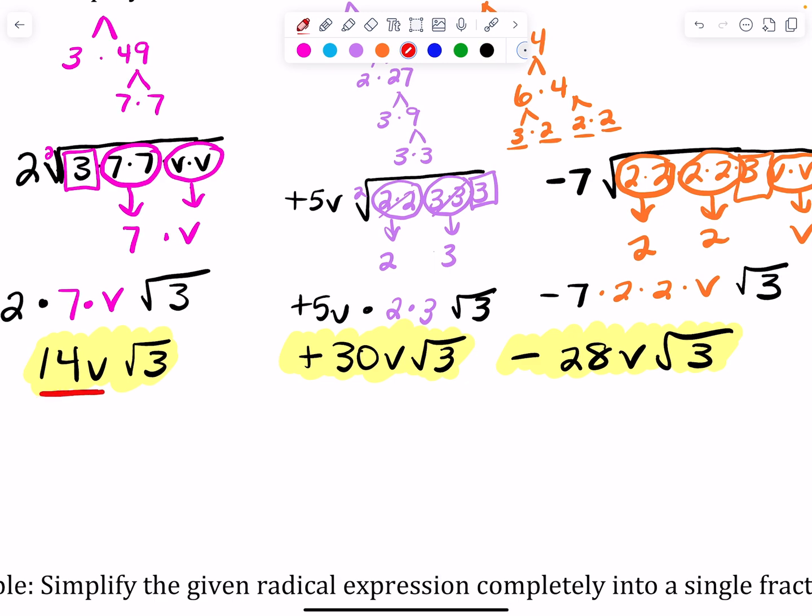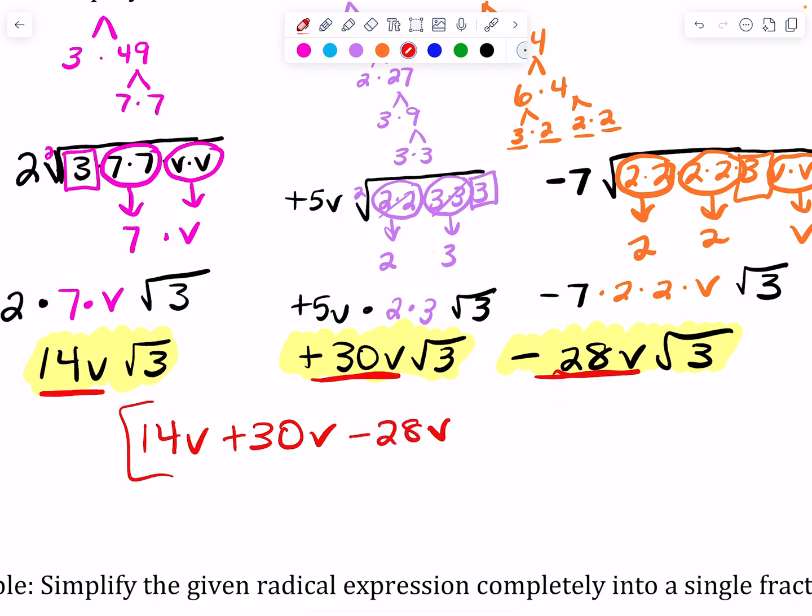We've got 14v plus 30v minus 28v, and that's all going to be in front of the square root of 3. So now that we see that these all have the same variable and they all have an exponent of 1, those are like terms. So we can do 14 plus 30 minus 28, and that's going to give us 16v, and the root 3 stays the same.